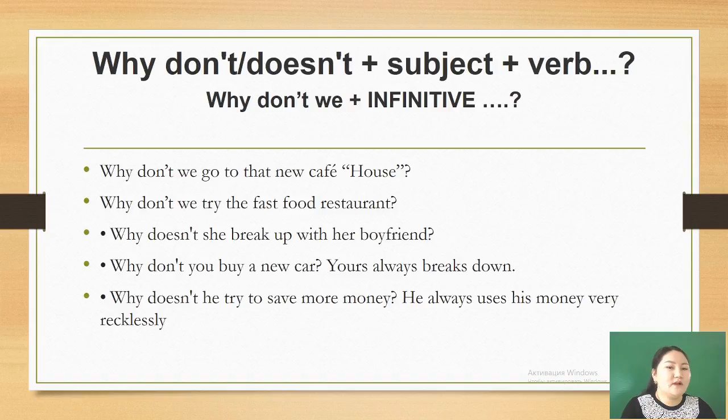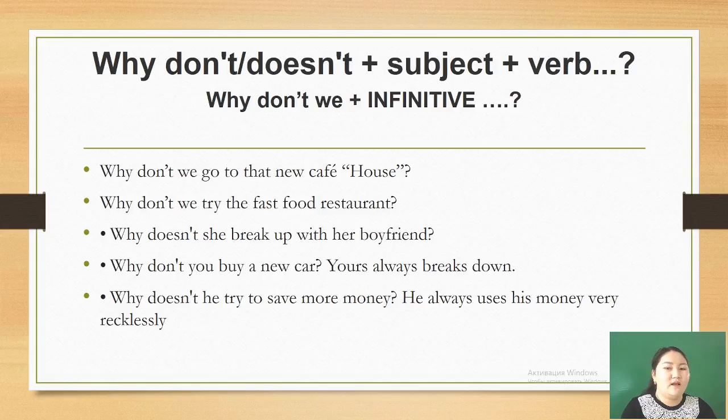Now, let's think of the situation. You say to your friend, do you want to go for lunch today? And he or she says, okay, sure, where should we go? And what do you say? You could say, why don't we go to that new cafe house?